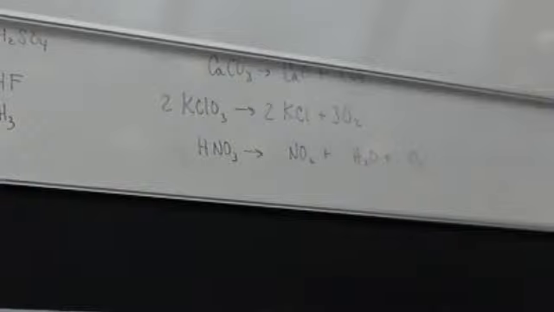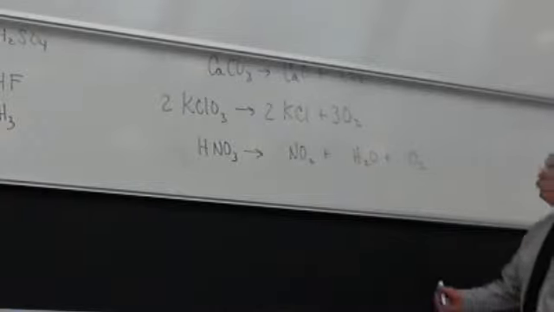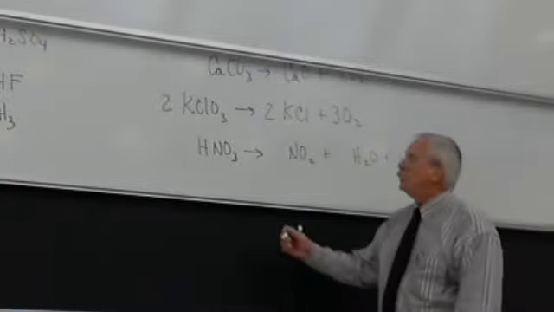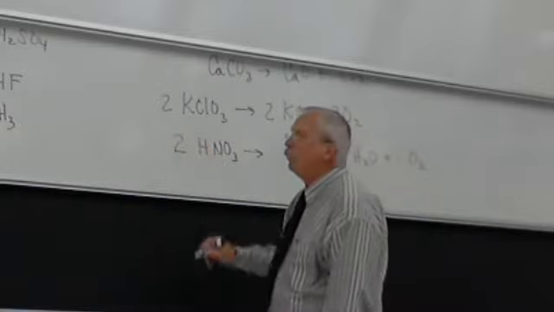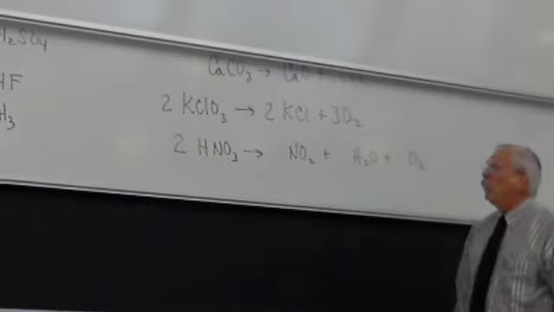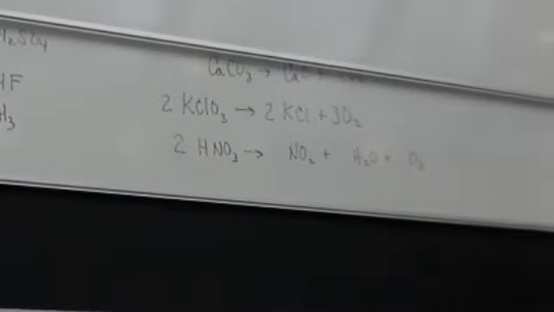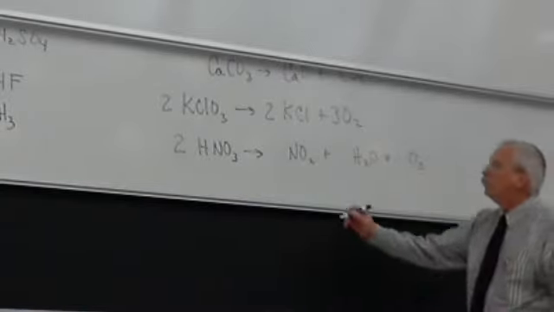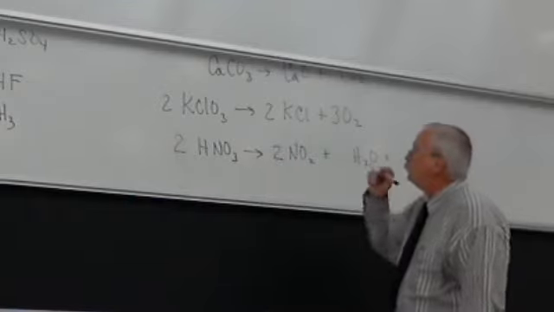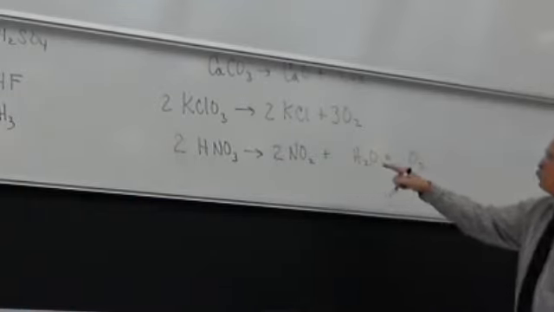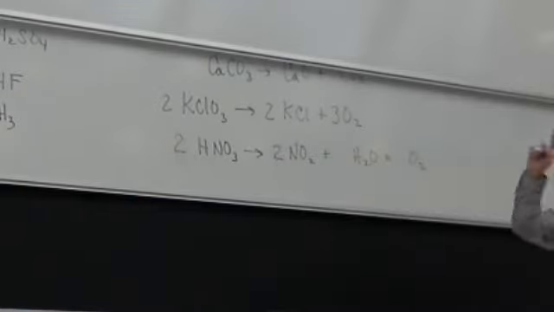If I go to hydrogens then, I have one on the left and 2 on the right. And that means I need a 2 here. And if I need a 2 there, if I go back to the nitrogens, then I need a 2 here. And so I have 2 nitrogens, 2 nitrogens, 2 hydrogens, 2 hydrogens, looking very promising.